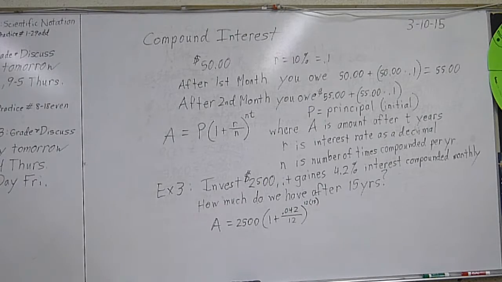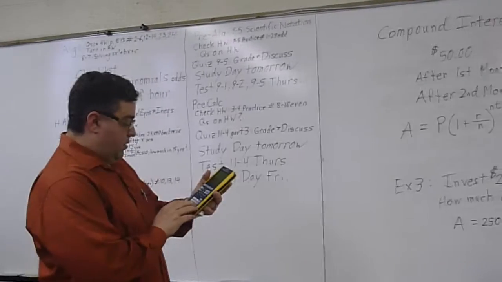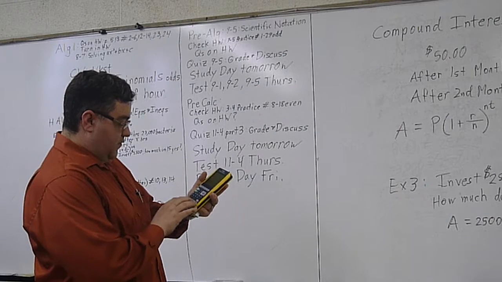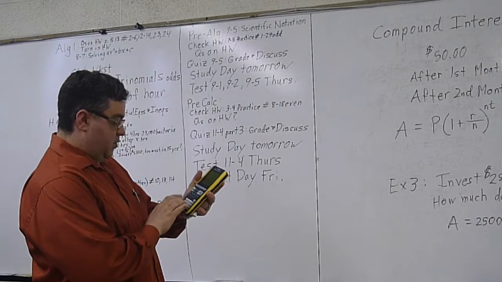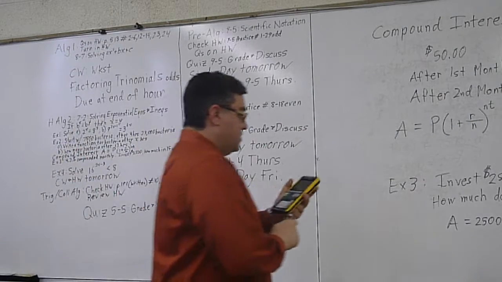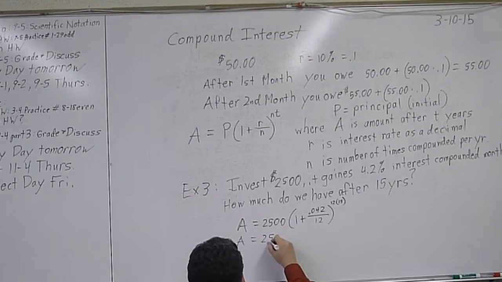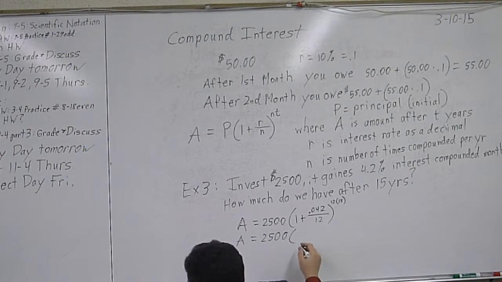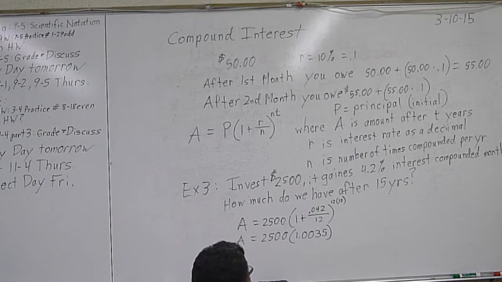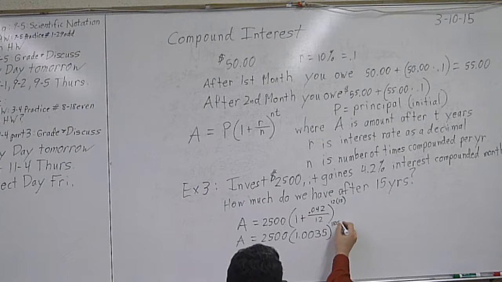So when you take your calculator, you do 1 plus and then 0.042 divided by 12. And that gives me 1.0035. And 12 times 15 is 180.